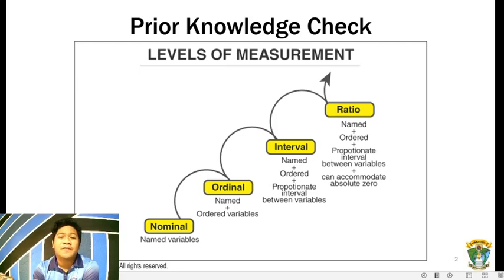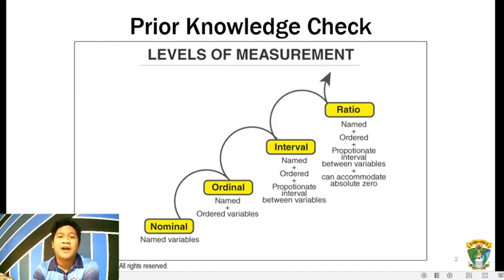So what are the differences among these four levels of measurement? Now, in most books, they treat nominal and ordinal data as qualitative data, while interval and ratio are under quantitative data. Now, what do these labels under each scale mean? It says here that nominal are named variables.